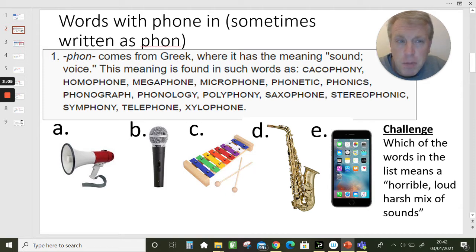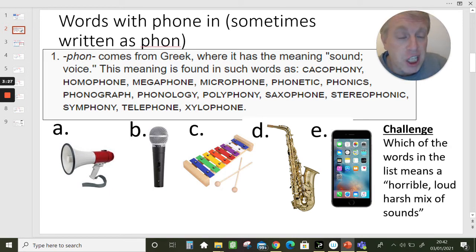Then C is a musical instrument. We actually looked at this in science when we were doing higher and lower pitch. This is another musical instrument, D. And E, we all know what that one is. So you've got to write down A, whatever the word is, B, whatever the word is.